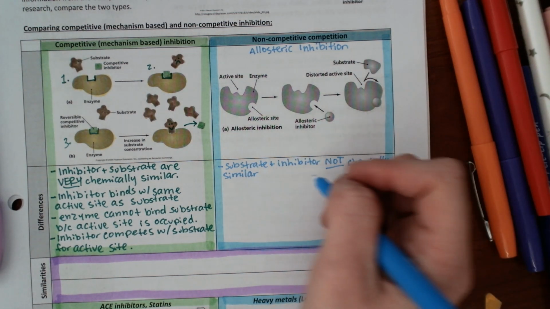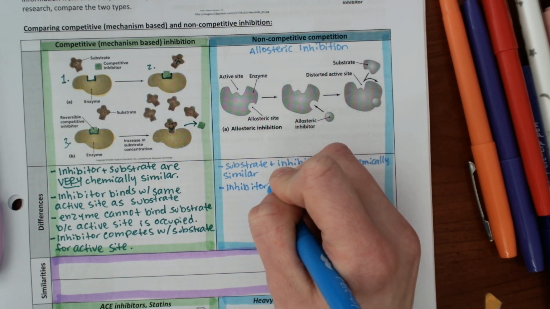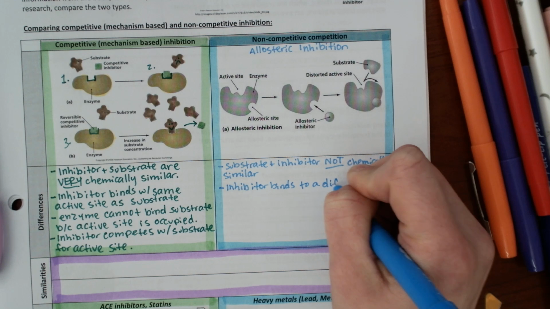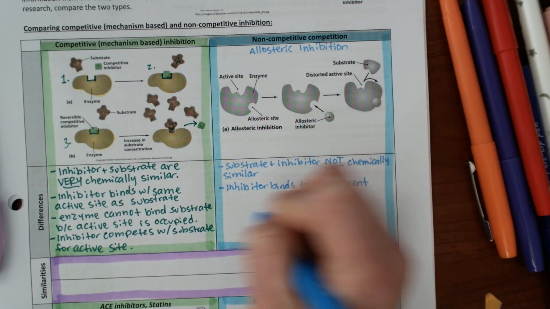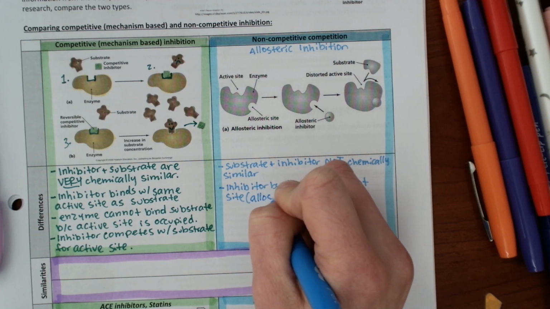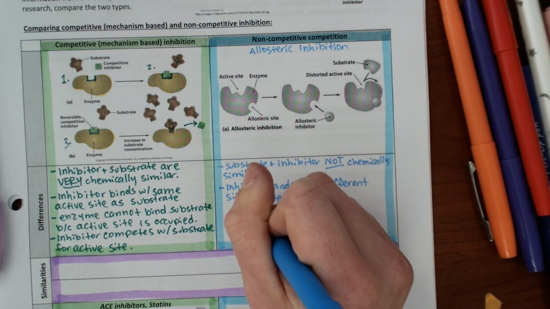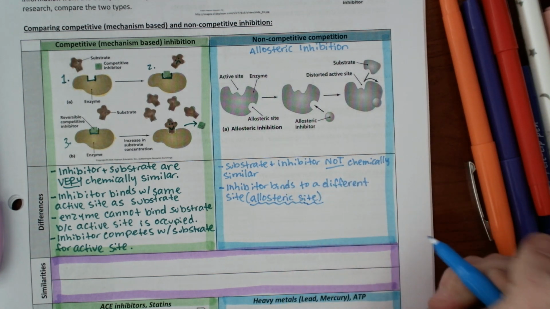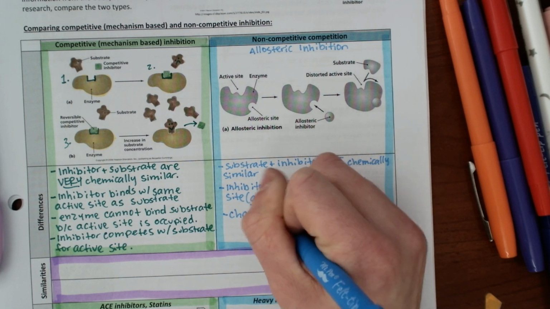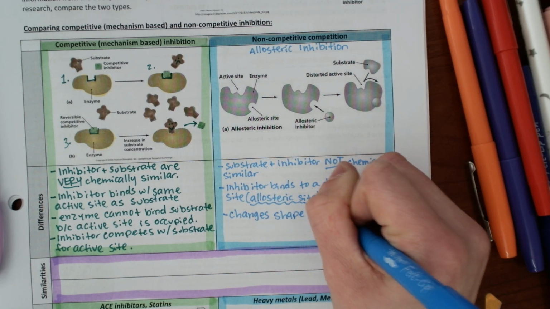All right, your next thing, or how it works, is your inhibitor binds to a different site, your allosteric site, and changes the shape of the active site.